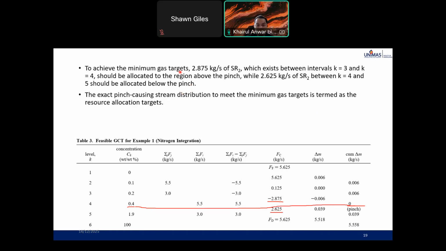Achieve the minimum gas target to prevent 75 kg per second of SR2, which raises the interval K and 3 should be elevated to the region of the pinch, while 2.65 K4 and K5 should be below the pinch.